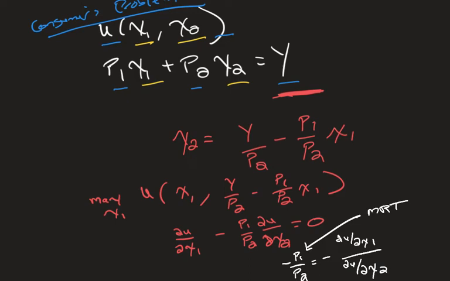And what do we have on the right side here? Well, that's how marginal utility changes as we take away a little bit of good 2, and add a little bit more of good 1, otherwise known as the slope of the indifference curve, otherwise known as our marginal rate of substitution.